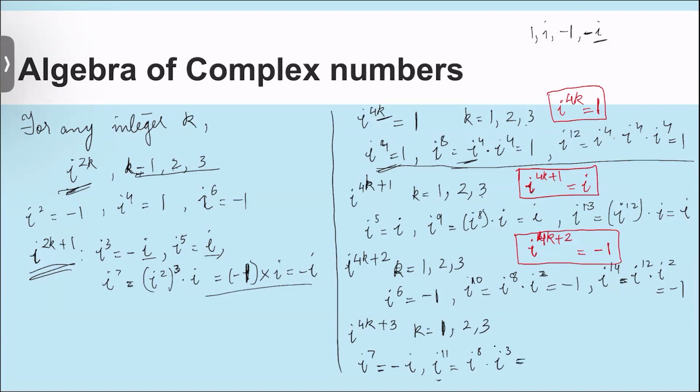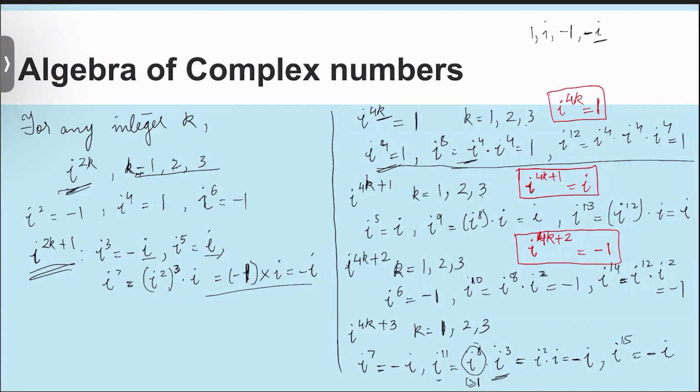And then this will become 1. And if you consider i squared times i, then again this is minus i. If we simplify i cubed also, because this is 1, you get this. Similarly, if you take 12 plus 3, 15, i^15 will also be equal to minus i.